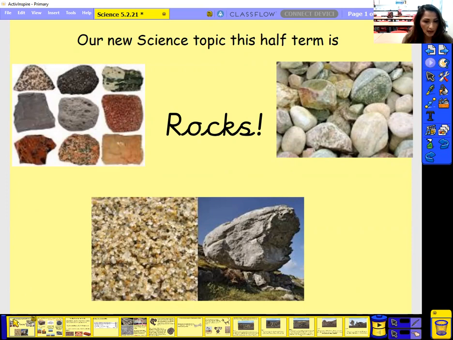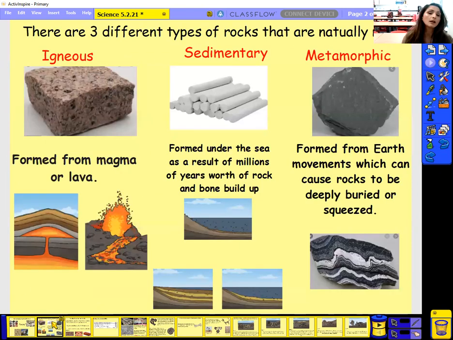So we started this off last week, and I'm just going to quickly recap from our previous learning. We looked at 3 different types of rock that are naturally made. We looked at igneous, which are formed by magma or lava, so inside of volcanoes or outside of the volcano. We've got sedimentary, so formed under the sea as a result of millions of years worth of rock and bone buildup.